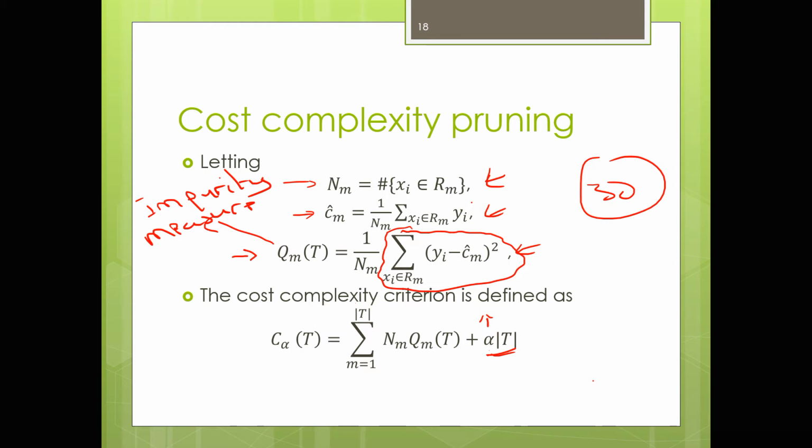So what do we want? We want this alpha to be a certain value where the tree will not be too big or too small. If alpha is 0, you have a fully built tree, that is the largest tree. But as your alpha increases, branches start to be pruned from the tree.